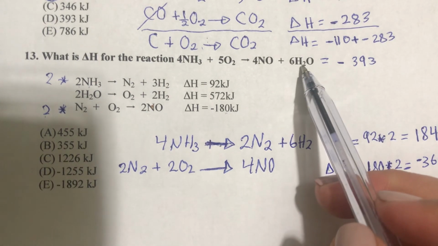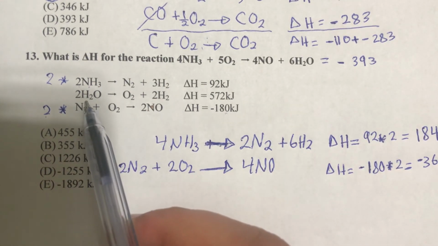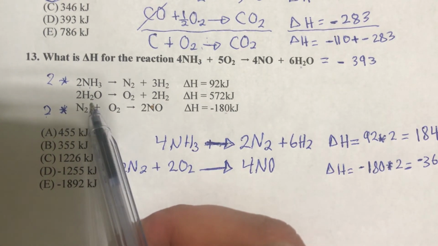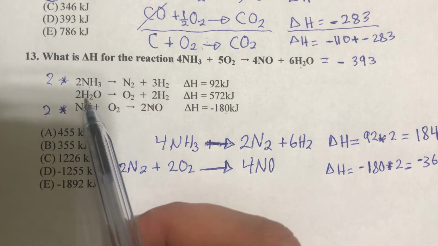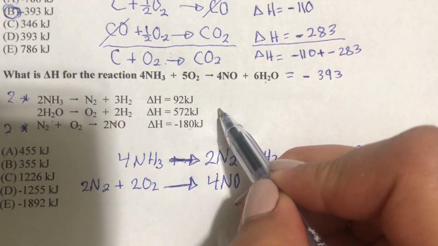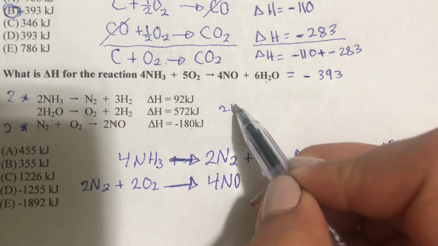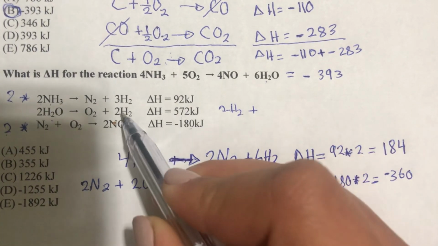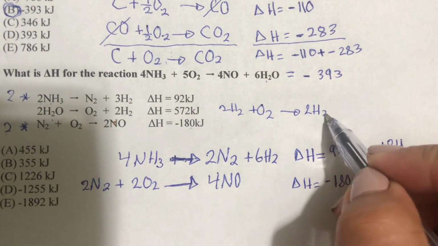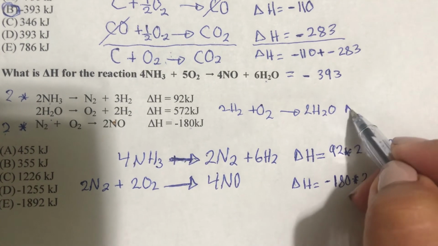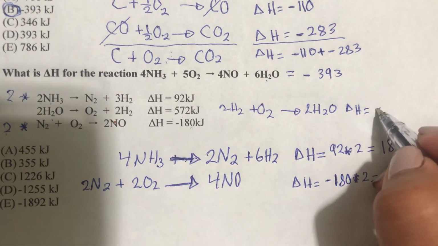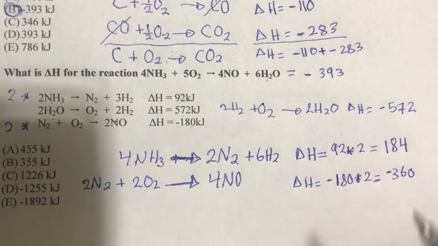Now here H2O is in the product, and here H2O in the reactant. So the first step, you have to reverse this reaction. Two mole of hydrogen plus oxygen to produce 2 mole of water. Delta H equal, here the sign is positive, you have to change the sign, so negative 572.